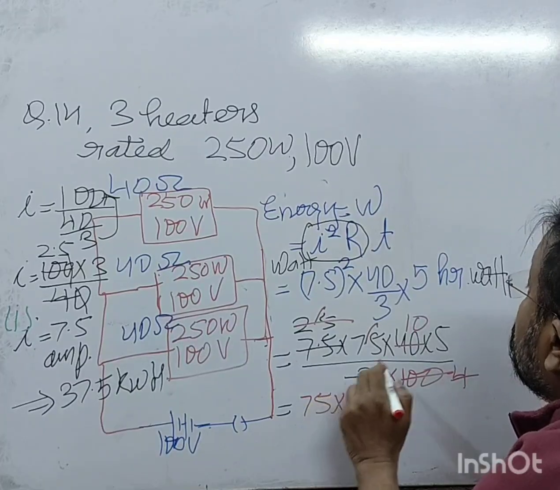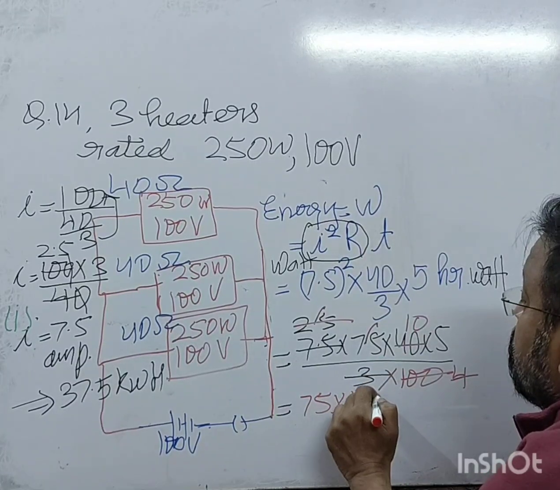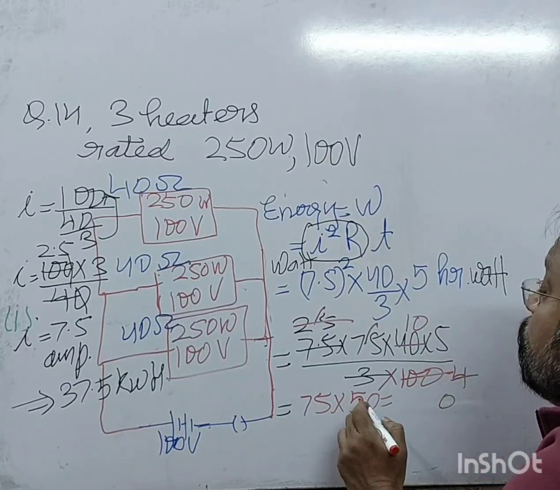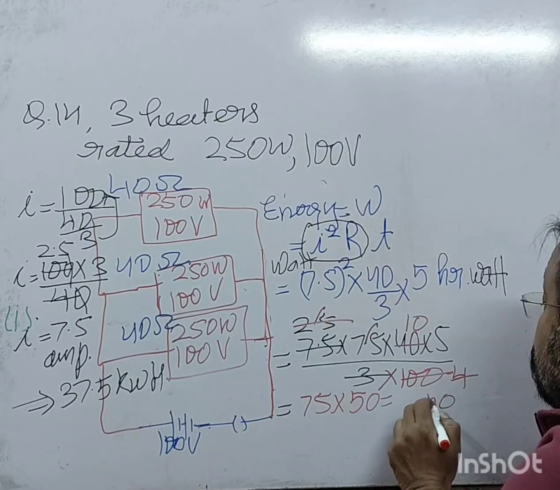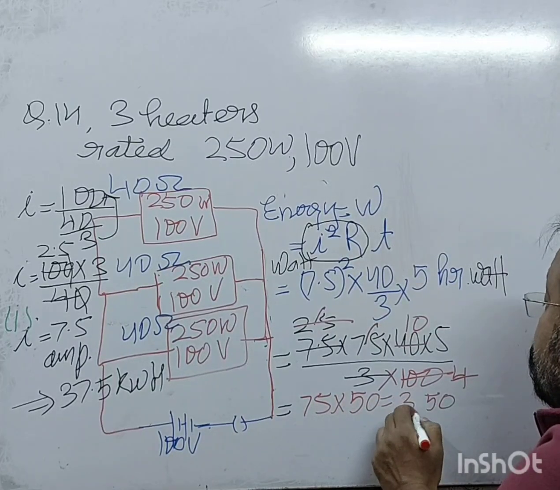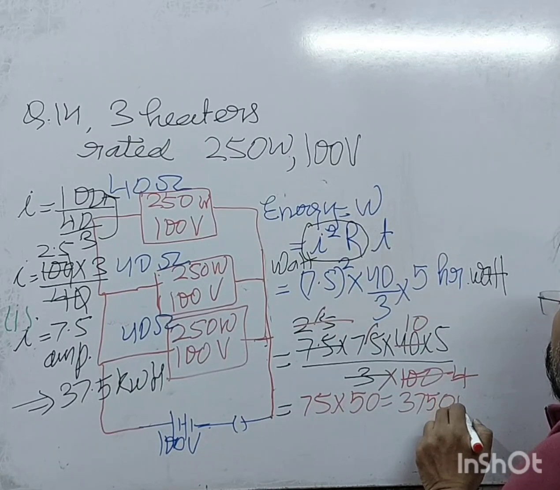75 into 50. 5 times 5 becomes 25, we get 2 carry. 7 times 5 is 35, plus 2 is 37. 37 watt hour.